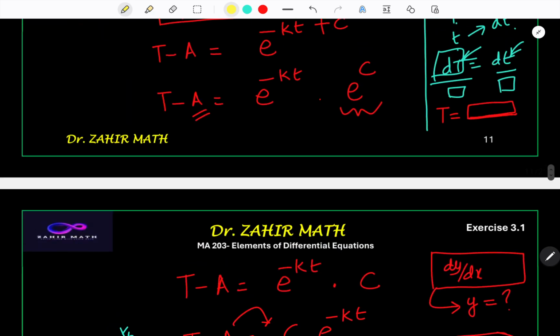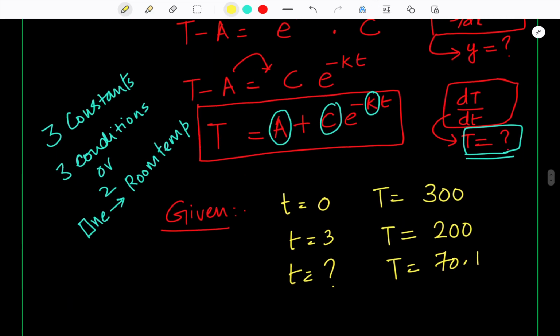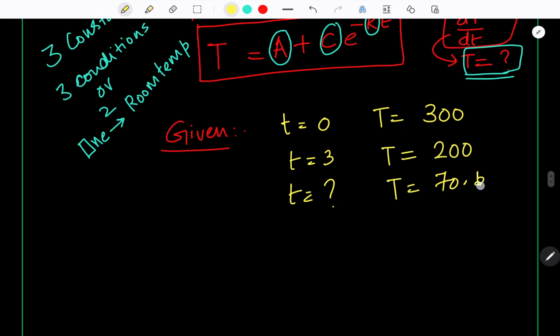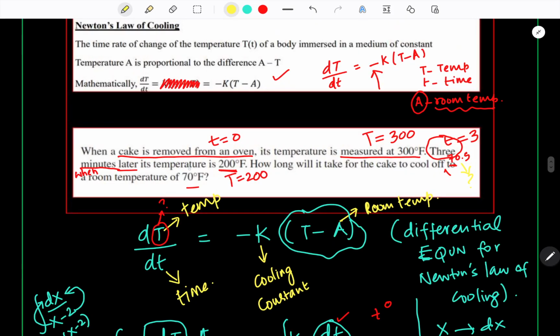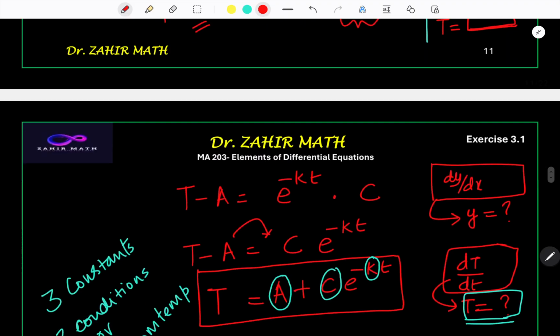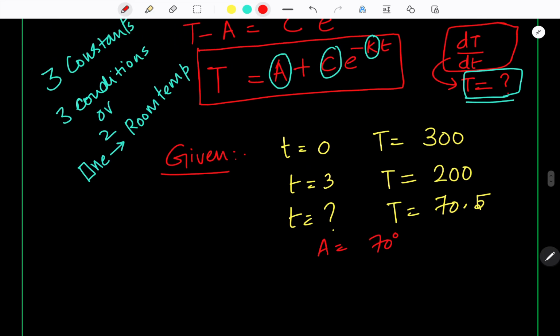I don't know what value I gave, maybe in the class I gave 70.1. Anything you can choose, no problem, because we changed the question. And the room temperature is 70 degrees, so capital A is equal to 70. These are the details given.